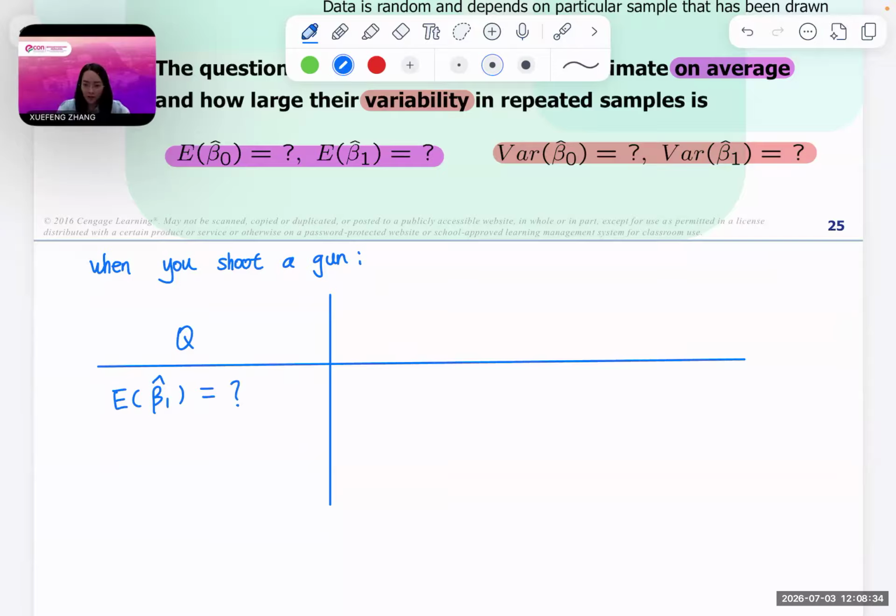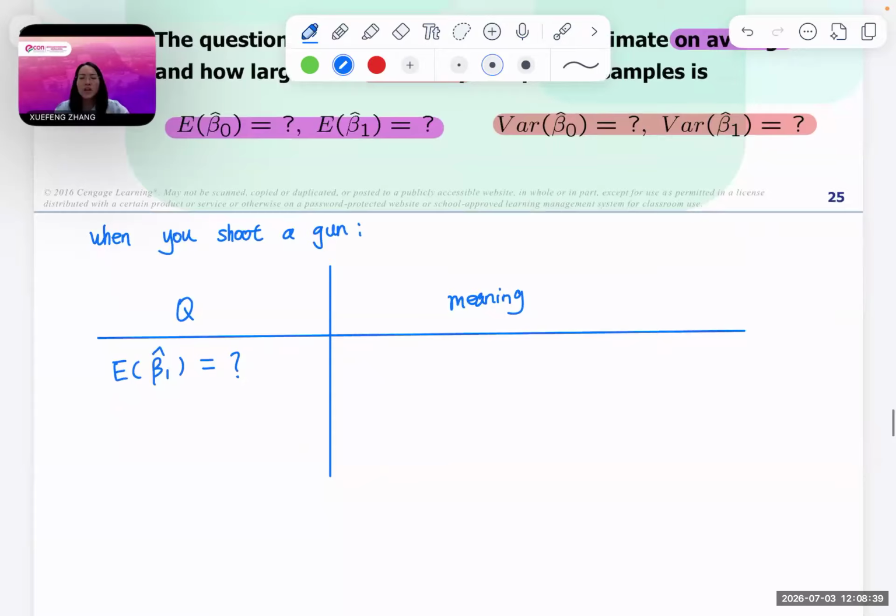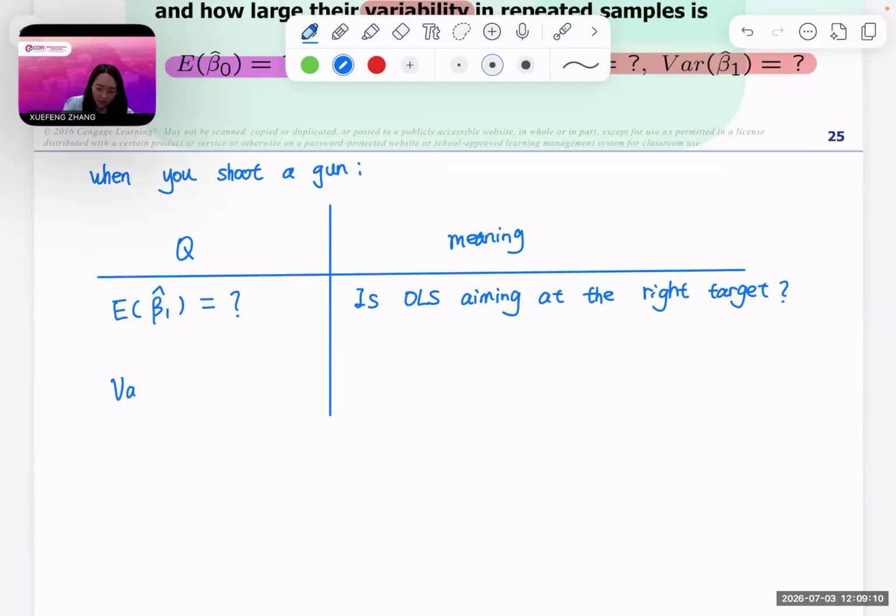It means, is OLS aiming at the right target, okay? When you shoot a gun, if we want to know the expectation, we ask, is OLS aiming at the right target? How about variance?